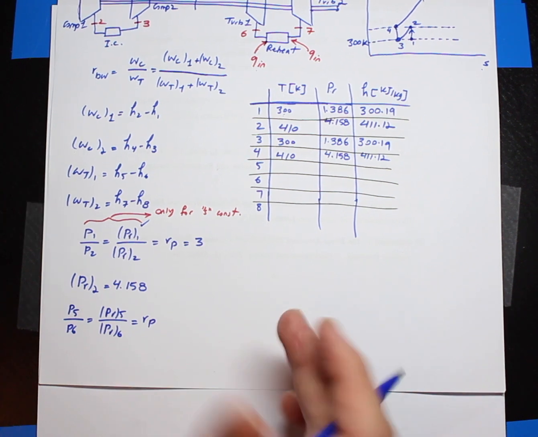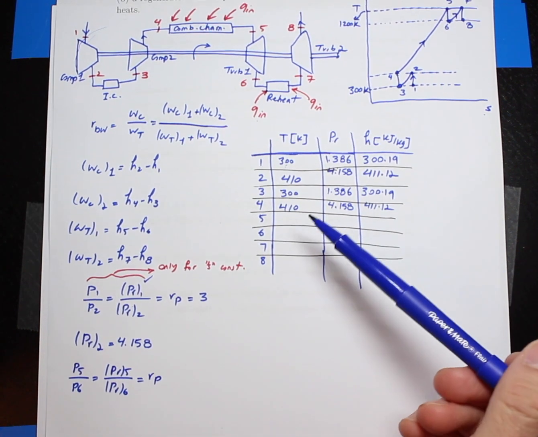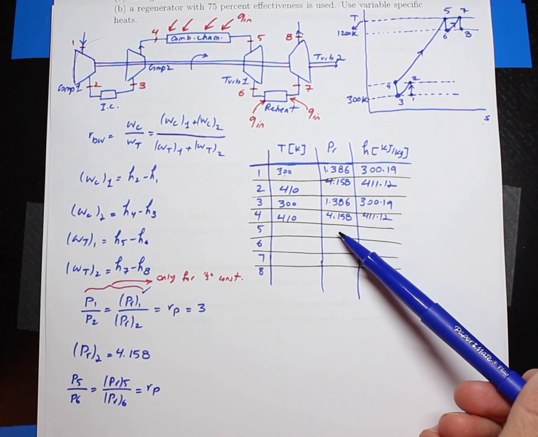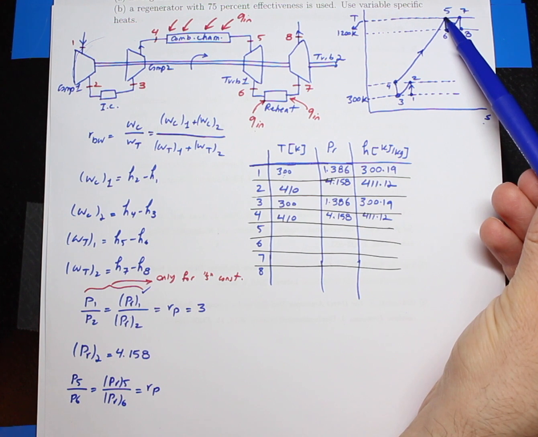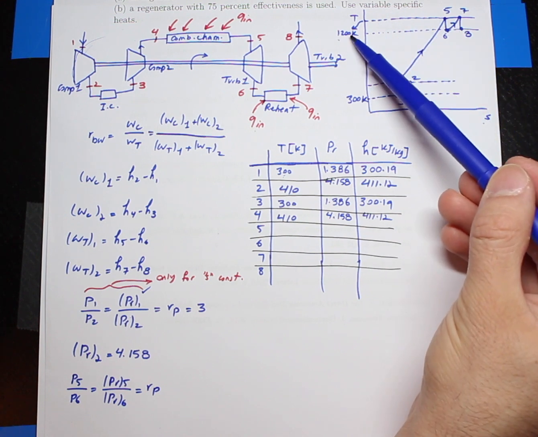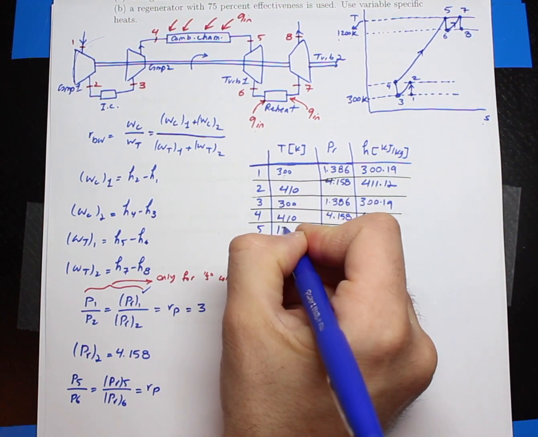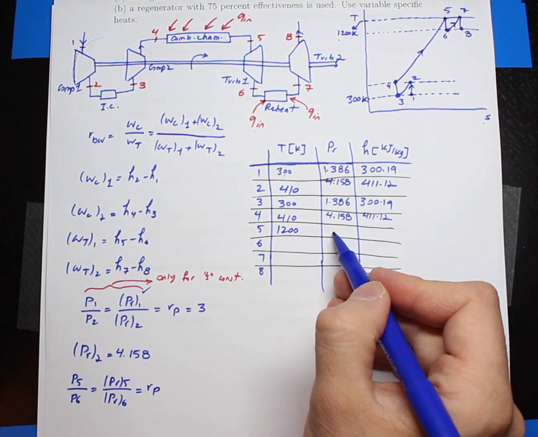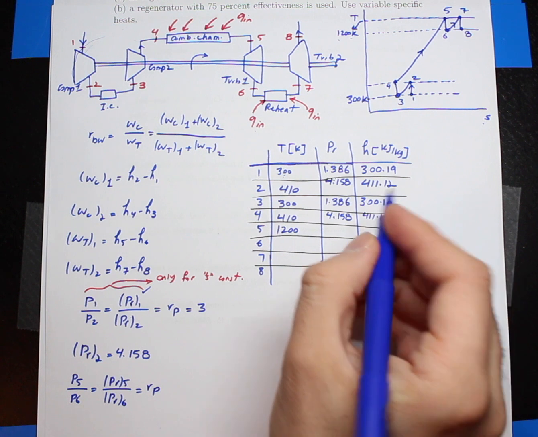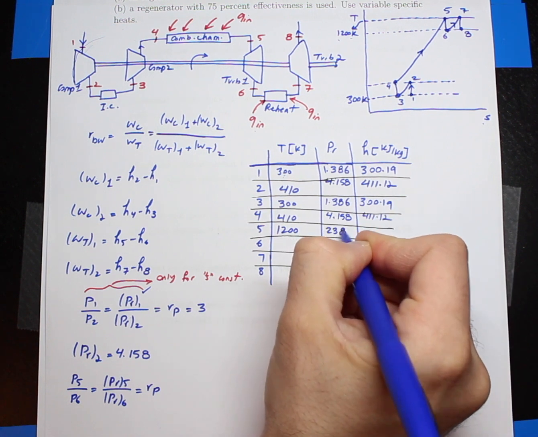Now, if I get back to the table, for point 5, actually, I can add the PR value because I have the temperature for point 5. The temperature for point 5 is 1200 Kelvin, all right? So this is 1200 that I have. And again, from table A17, I can read the PR value. And that PR is 238.